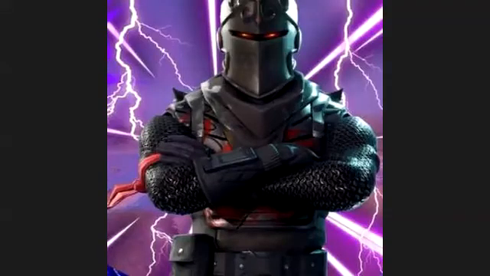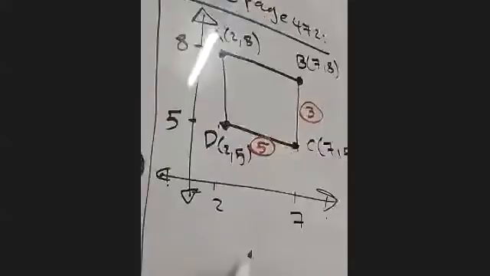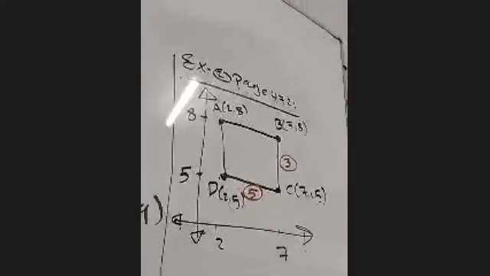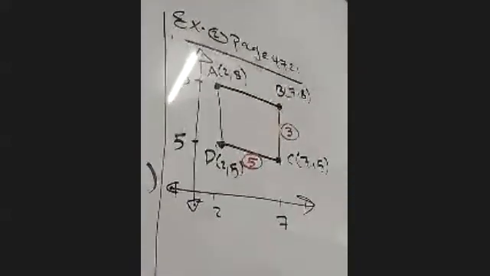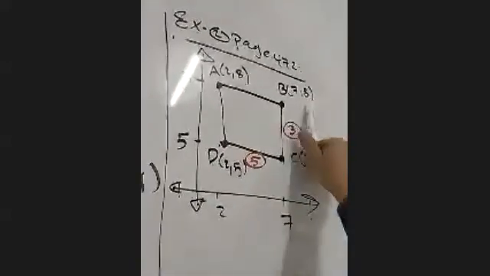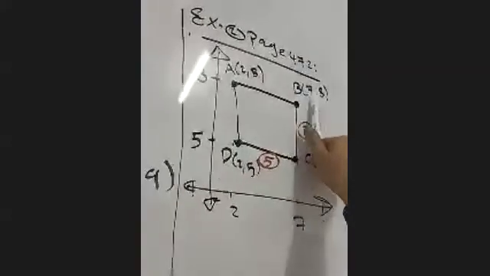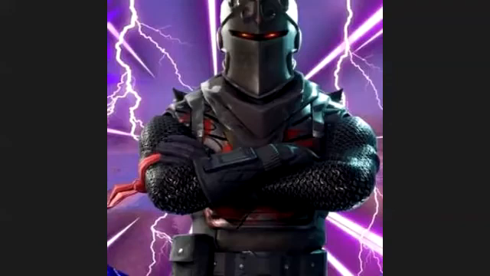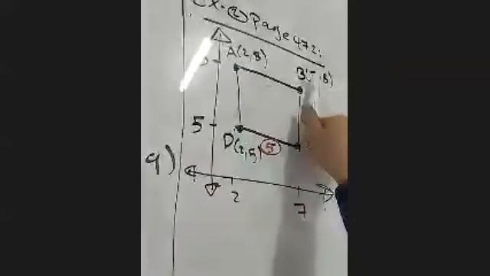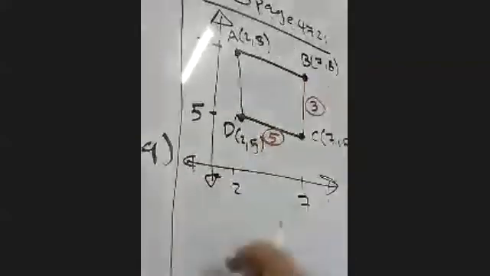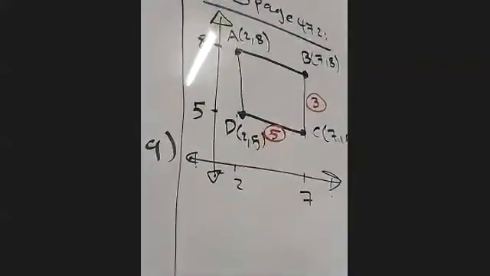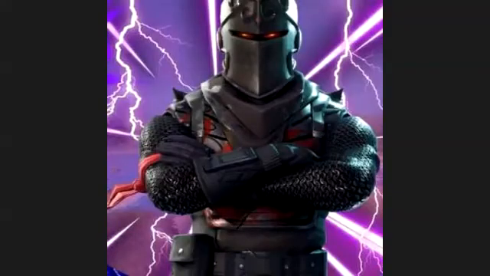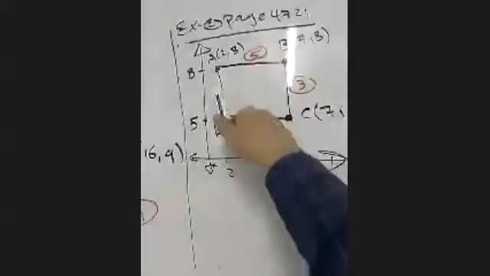Here we will cross 8 by 8. 7 minus 2, how much? 5.